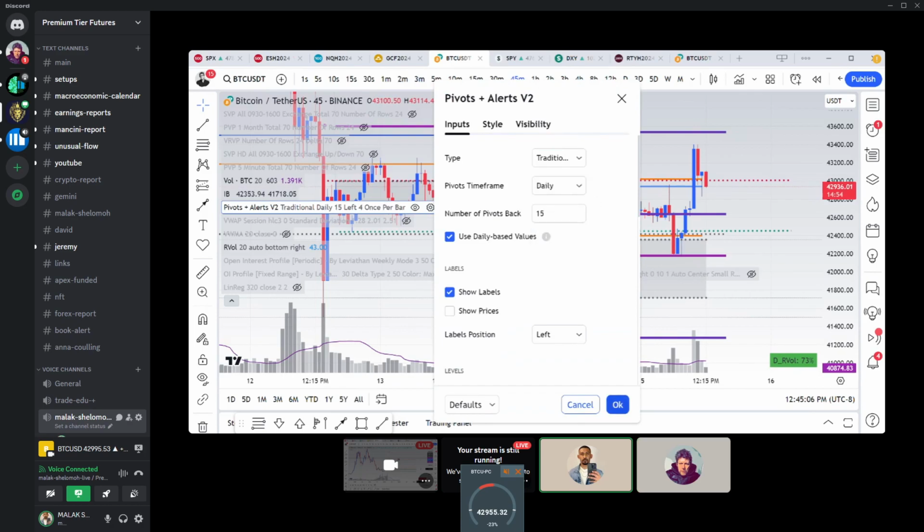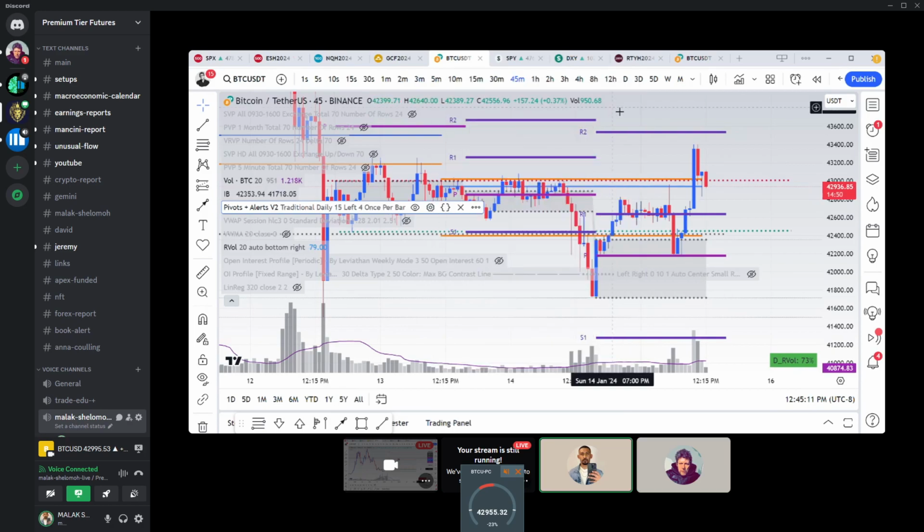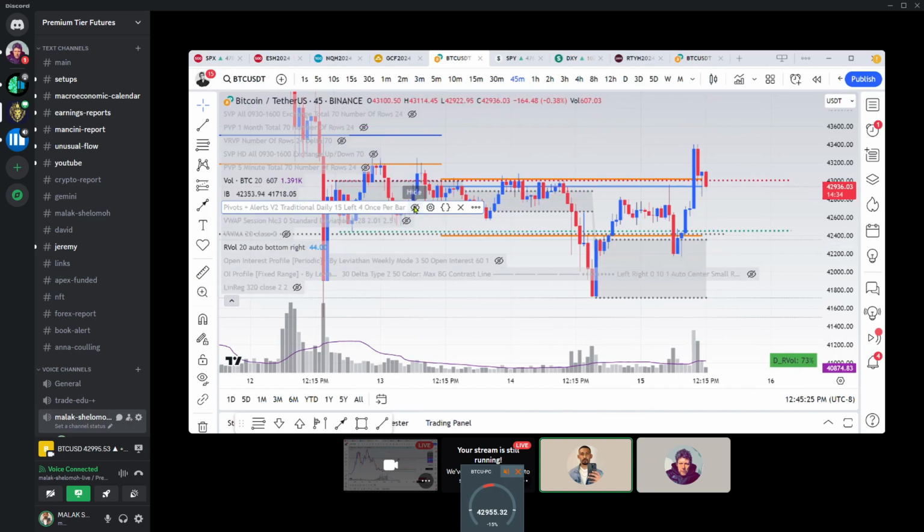Try pivot boss pivots. Type that in the search and just mute yours for a second, hide the pivots you have on right now.